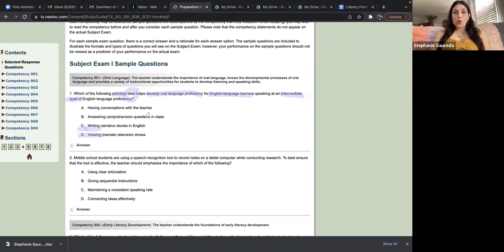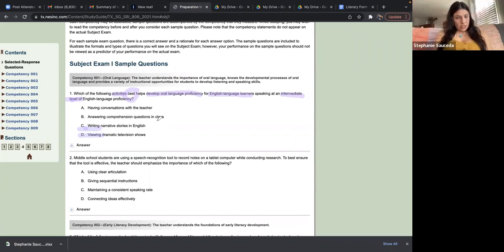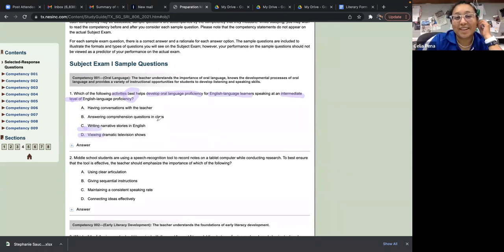Answering comprehension questions in class. That's like speaking because they're answering, right? And they're listening to the question. So that one should be it, question mark, for an intermediate ELL student? Probably not comprehension questions.